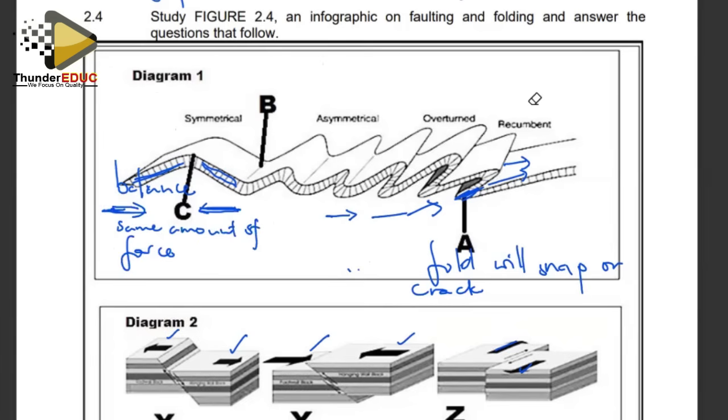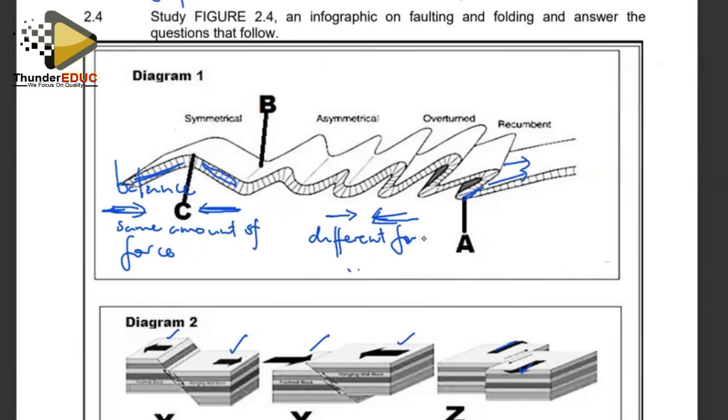Right, so because of the differences, one side has got a lesser force, and this other side has got a stronger force. So, different forces applied from different sides.